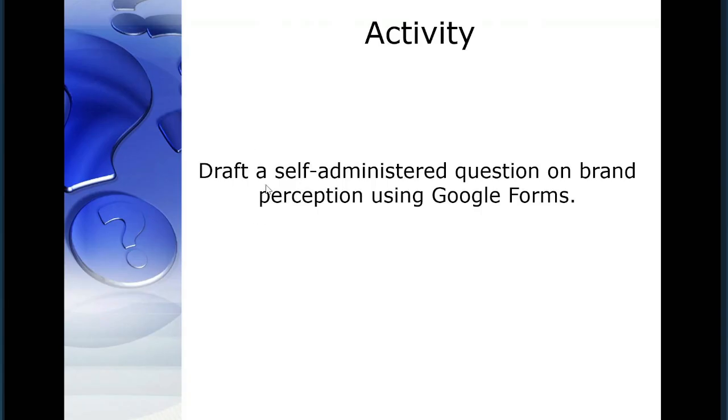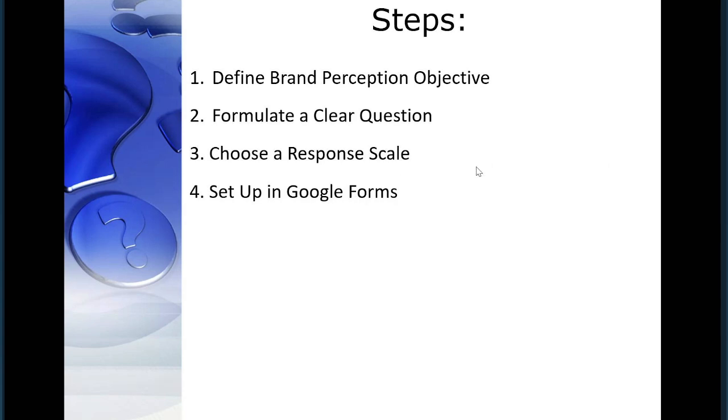In the meantime, you can make up your mind to perform the activity on paper and pen. The steps are: define the brand perception objective, then formulate a clear question, then choose a response scale, and then set this up in Google Forms.